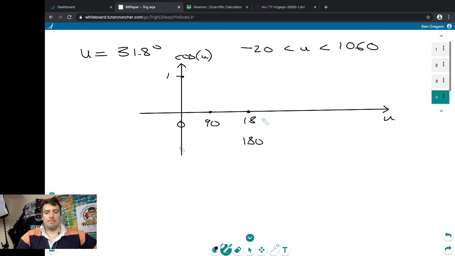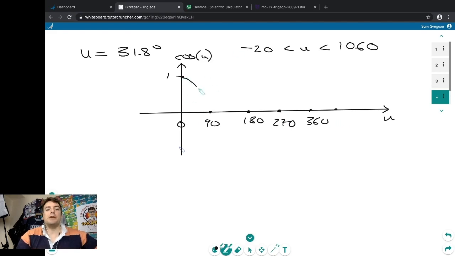So it essentially crosses the axes every 90 degrees. Sorry, it doesn't cross every 90, it crosses every 180. Yes.